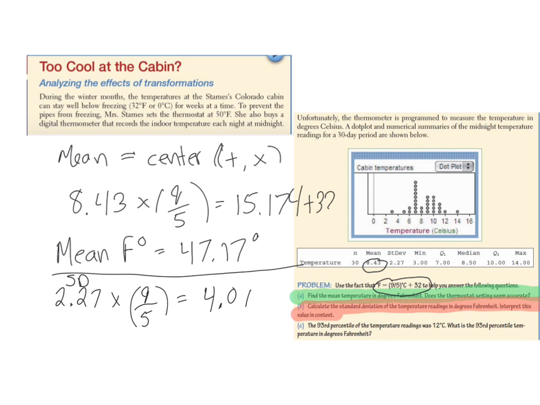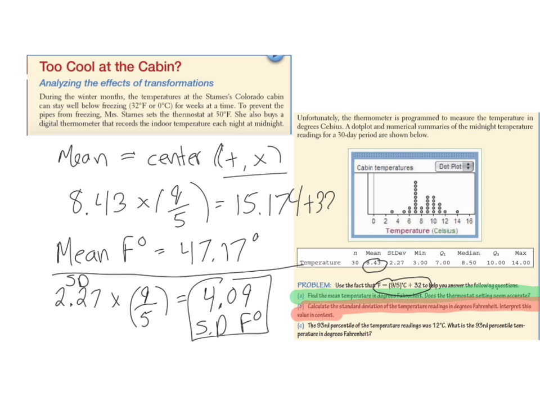Now, if we look at the last example, it says the percentile was 12 degrees. We would transform that. Since percentile is a measure of location, you're going to add and subtract it just like you did the mean. I think that's going to be on my next slide for the solution.